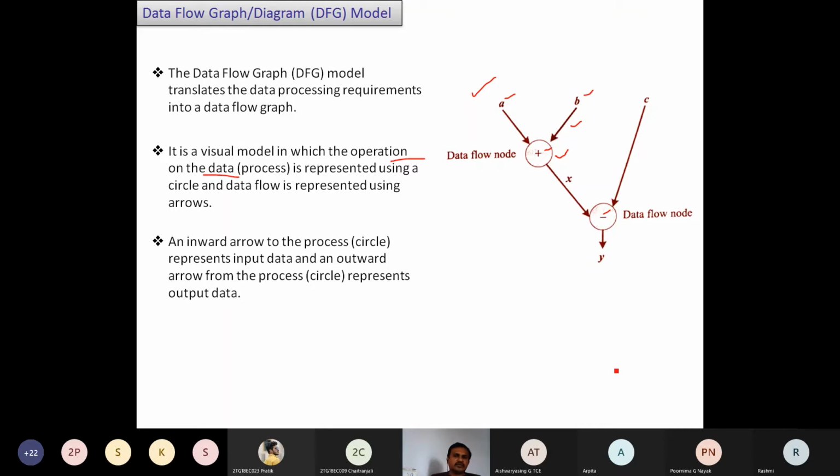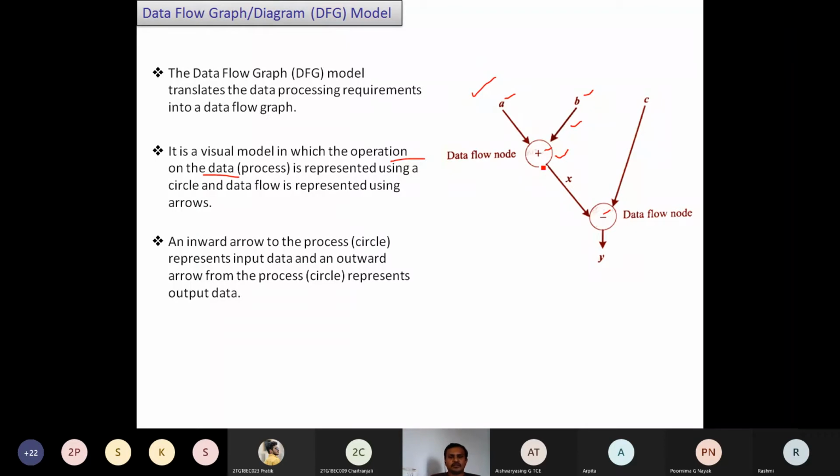So what we are going to observe in this data flow node, in the plus, the first one, is that two arrow marks are there, which are inwards towards the circle. Inward arrow marks to the circle are known as input to the circle or input to the process.